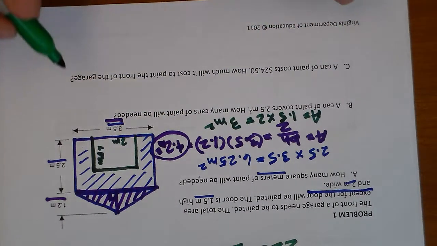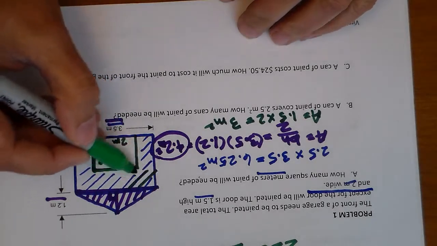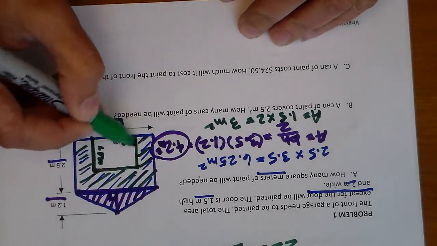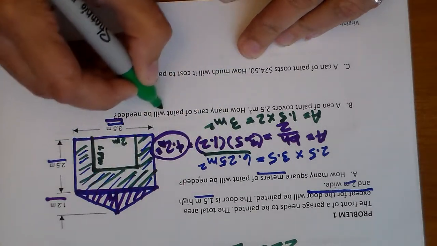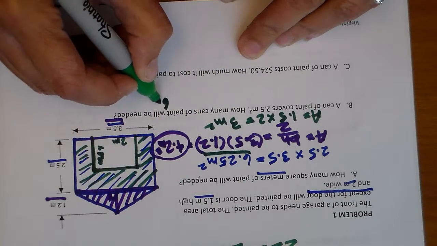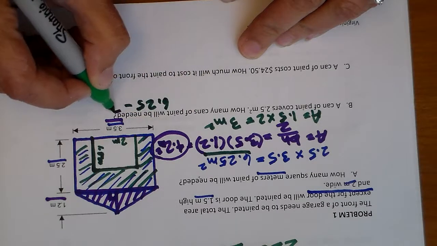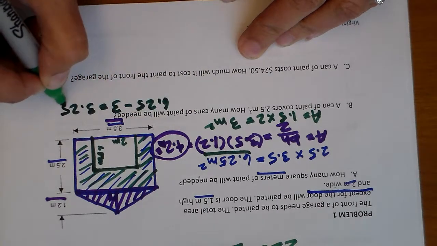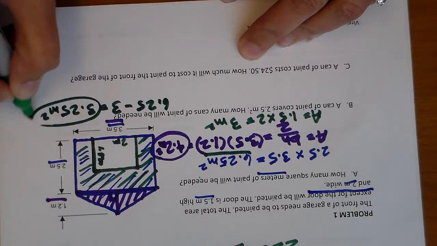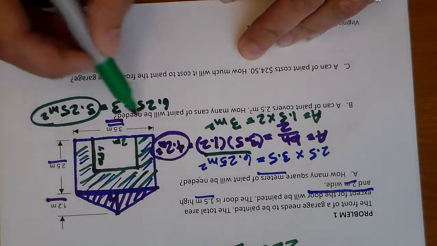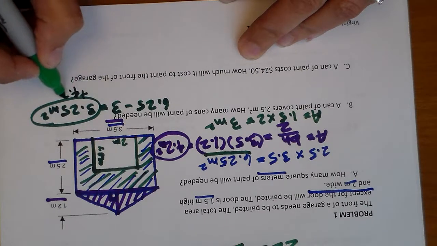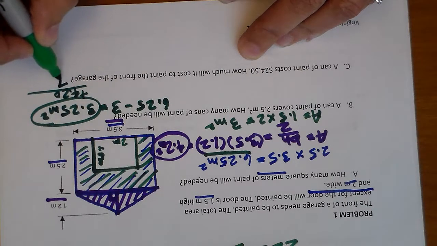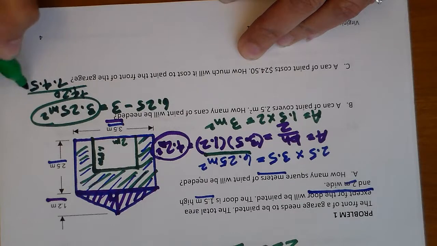So I'm going to paint this region here, which is the whole rectangle, 6.25 minus 3, so 3.25 square meters. So I need to paint this, and I need to paint the purple. So together, I have plus 4.2. So I'm going to need 7.45 square meters of paint.